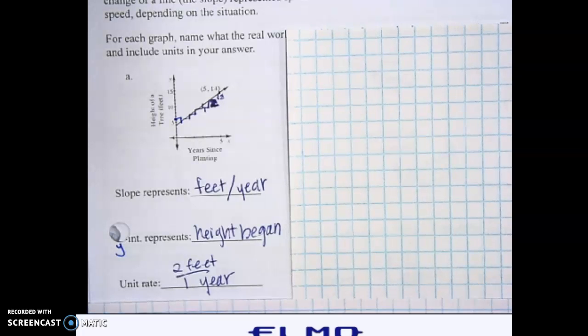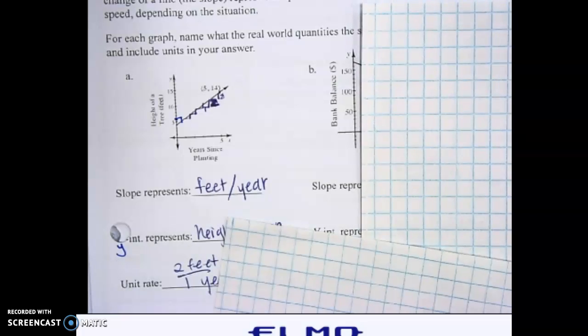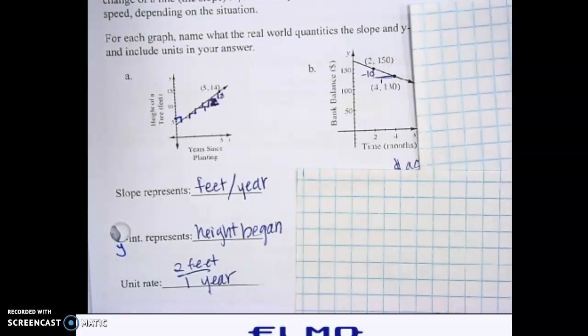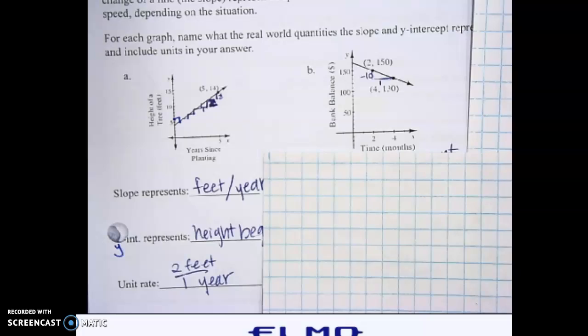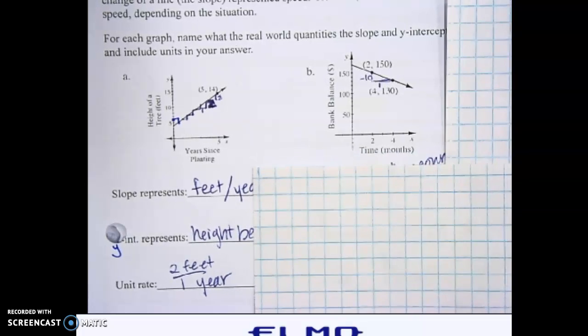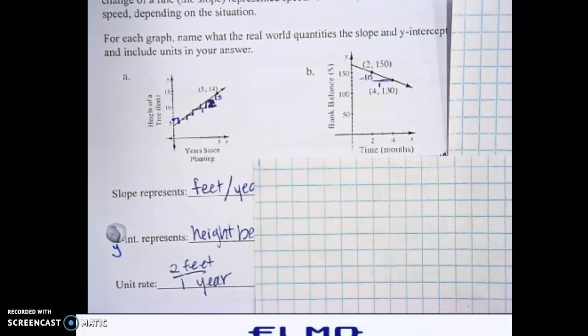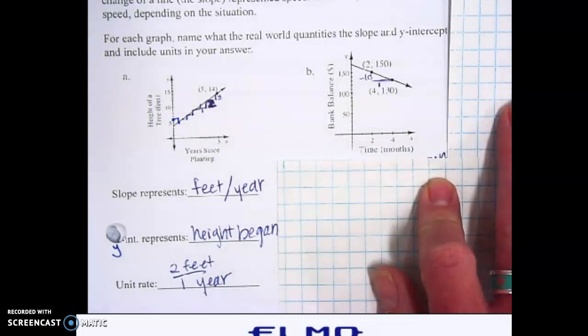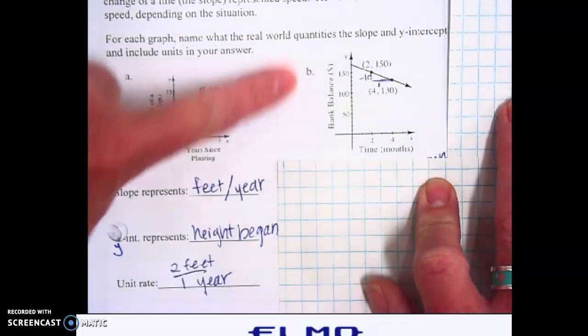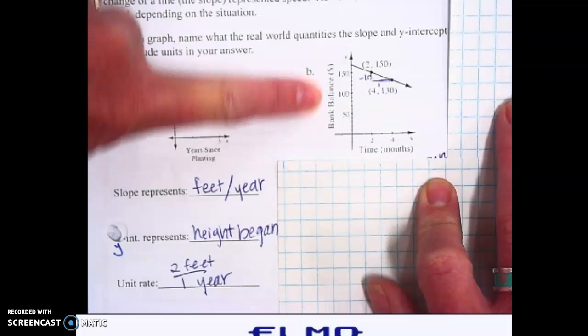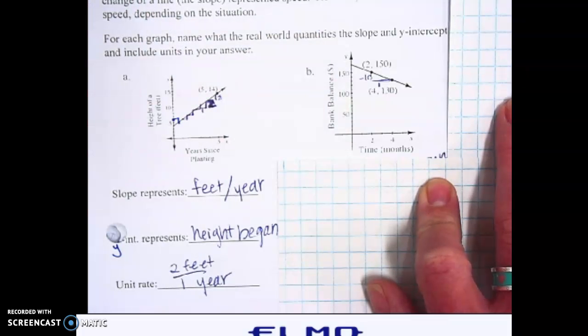All right, now let's look at graph B. On graph B, we're looking at what is changing on the y-axis. You're going to read the words over there. What do the words say? Bank balance, okay?